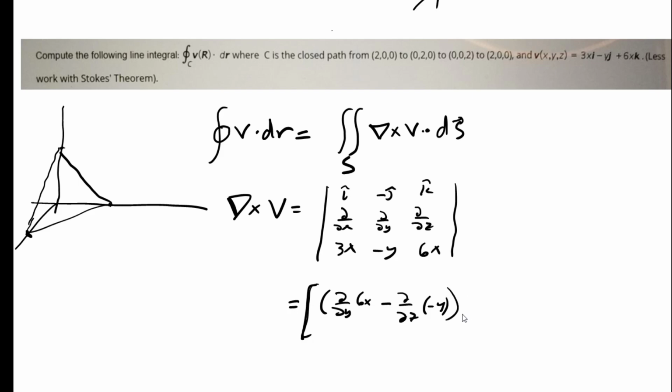That's clearly going to be 0. Then we cross out the middle one, and we have d/dx of 6x, and minus d/dz of 3x. And finally, we cross this one out, and we have d/dx of minus y minus d/dy of 3x.